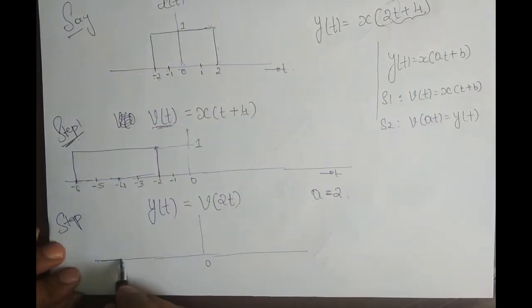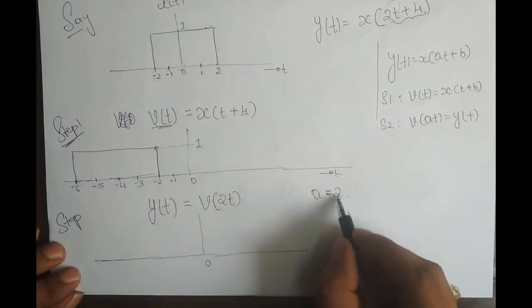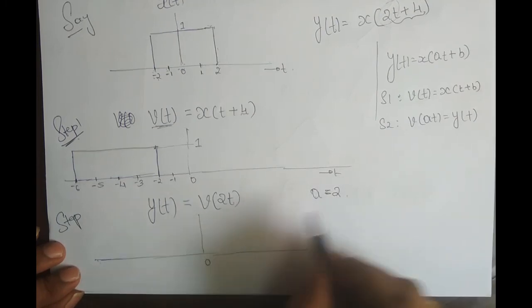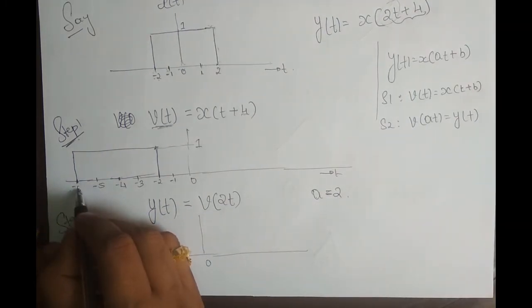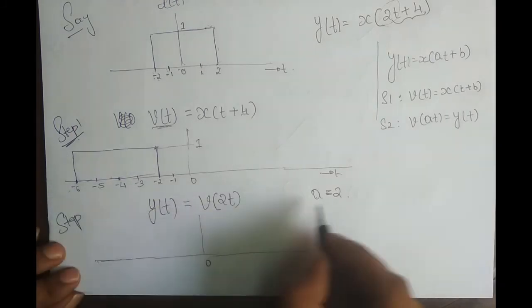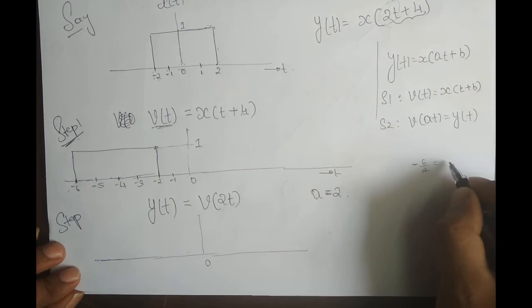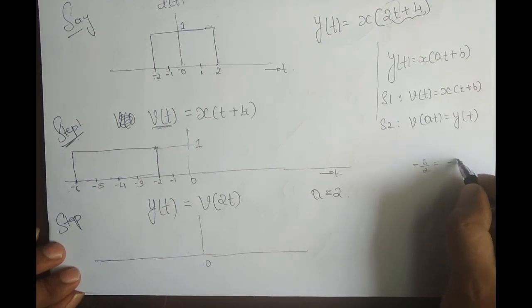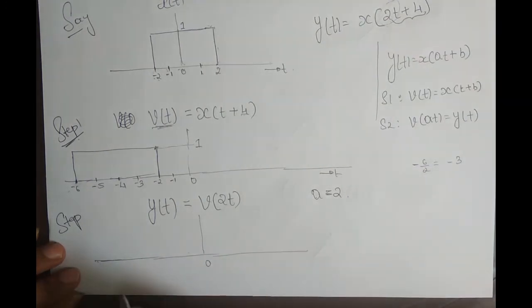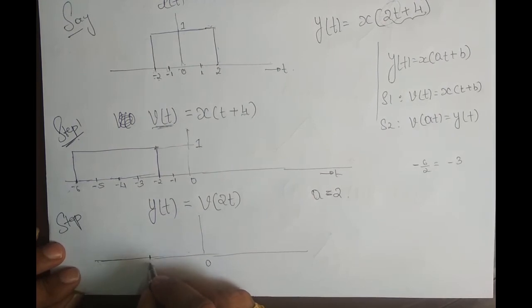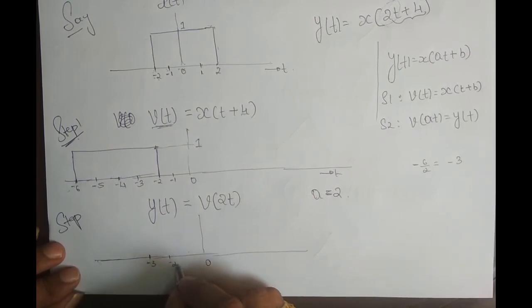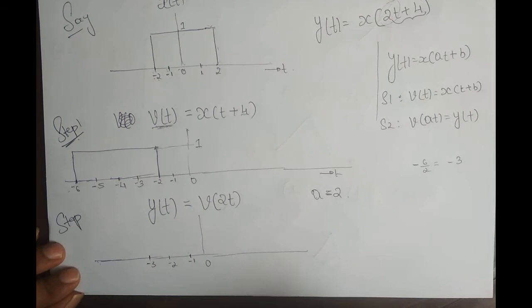Now a is 2, inverse of a is 1 by 2. So -6 gets multiplied with 1 by 2. So it is -6 by 2, which is equal to -3, right? So this goes to -3. -3, this is -2, -1.